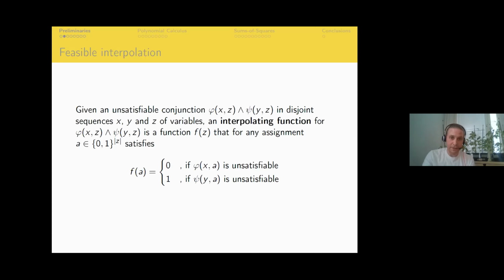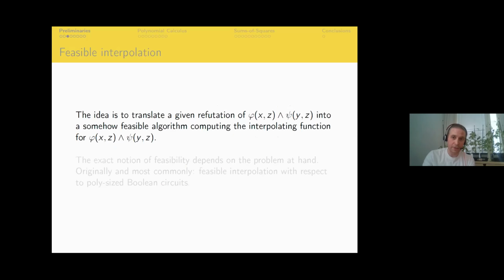This holds if the original conjunction is unsatisfiable, and the idea behind feasible interpolation is to translate a given refutation to a feasible algorithm computing the interpolating function for the conjunction.